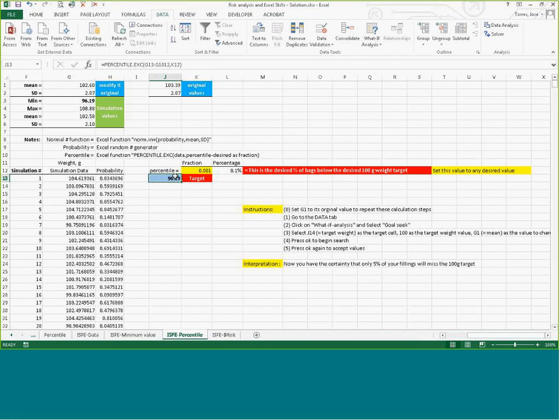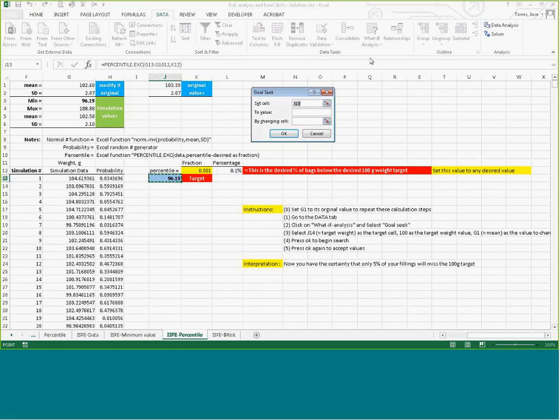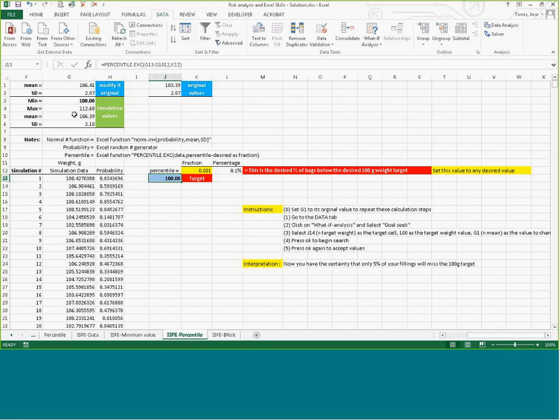So for analysis, goal seek 100 by changing. A setting of 106.4 would meet the target with only 1% probability of failure.